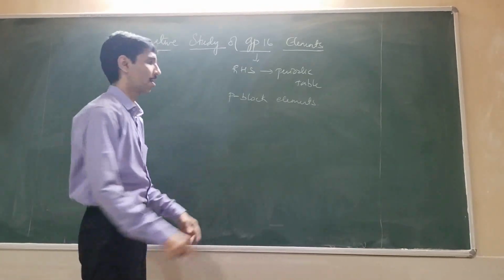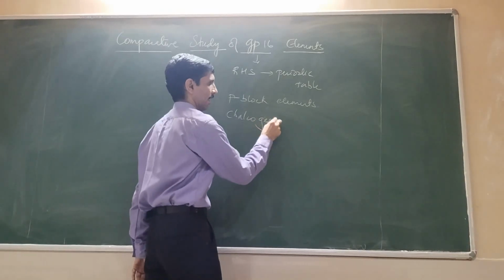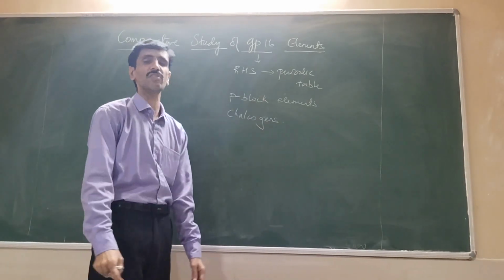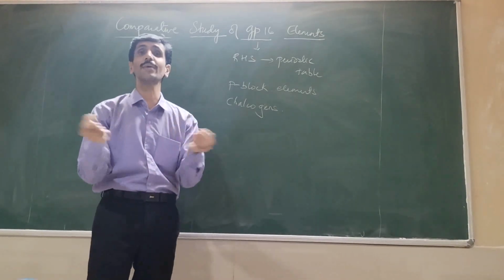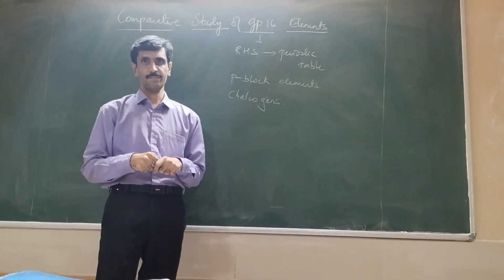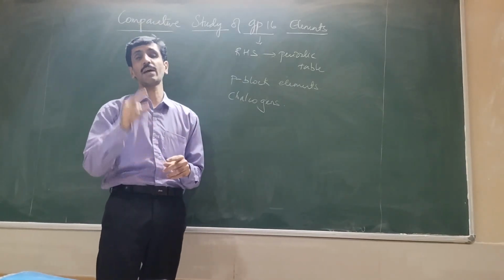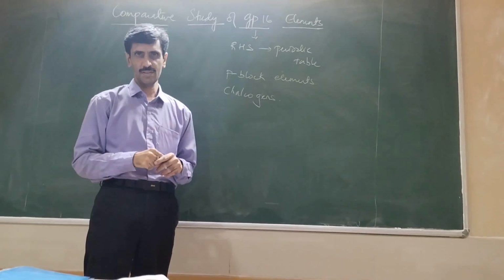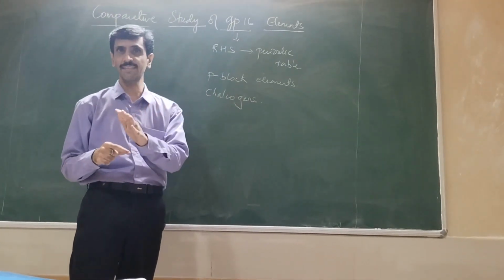Next, they are also collectively called as chalcogens. Now, what do you mean by this one? Chalcogens. They are basically existing along with the metal in the ores. What are ores? Naturally occurring compounds which are present in the Earth's crust. So, majority of these elements are non-metals.